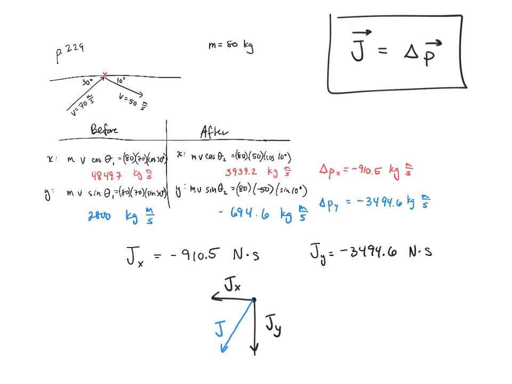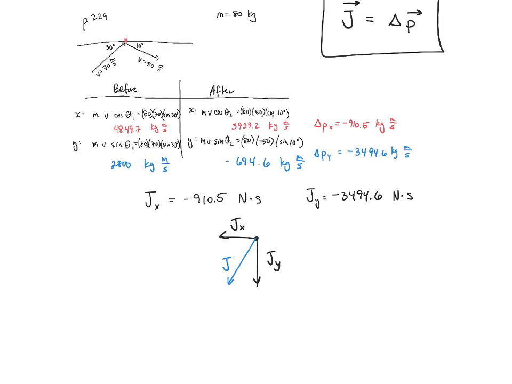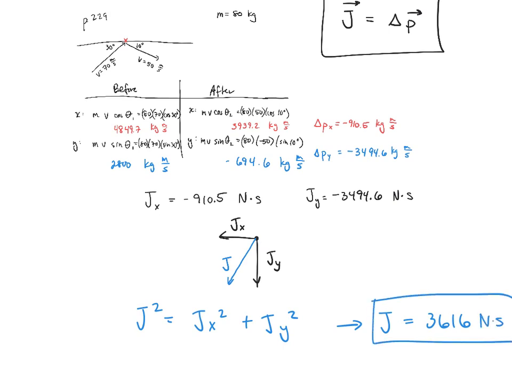So squaring those two and square rooting, I'm going to give you an approximation. It's approximately 3616.